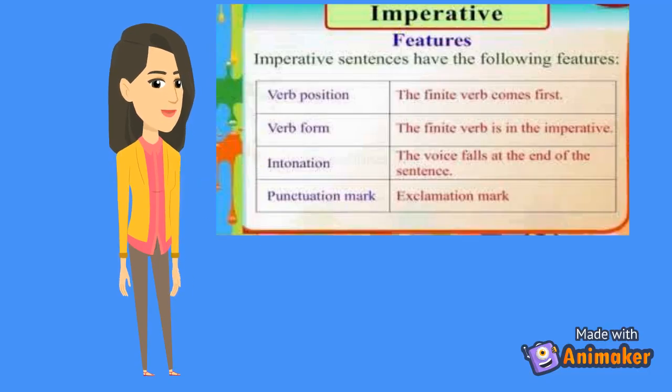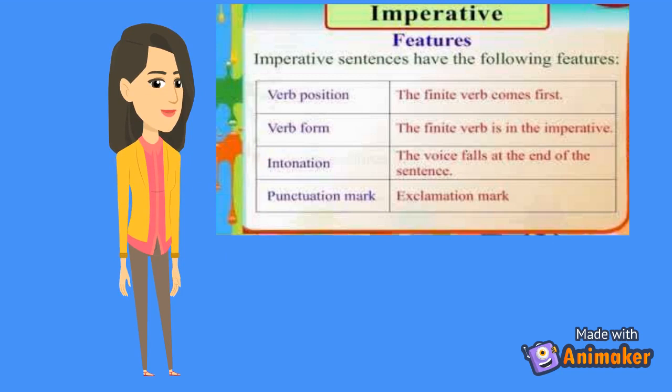Features to remember. Imperative sentences have the following features. The verb position: the finite verb comes first. The verb form: the finite verb is in the imperative. Intonation: the voice falls at the end of the sentence.